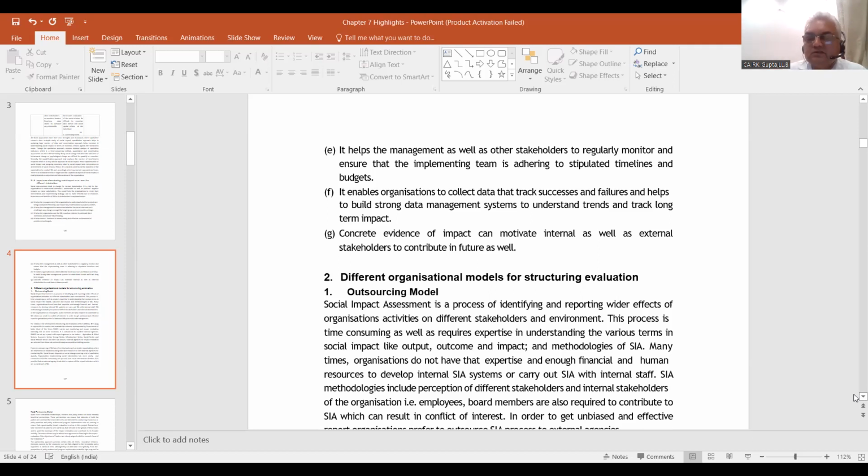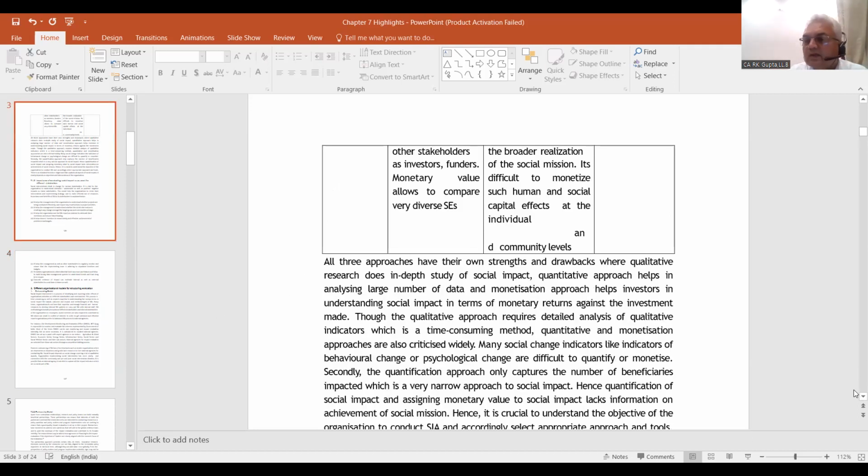Now, what is the purpose of the social impact assessment? First is that ultimately a report will be generated. Based on that report, funding can be secured. It is a mirror to the management, showing whether the interventions they are doing are going in the right direction or whether it requires any change.